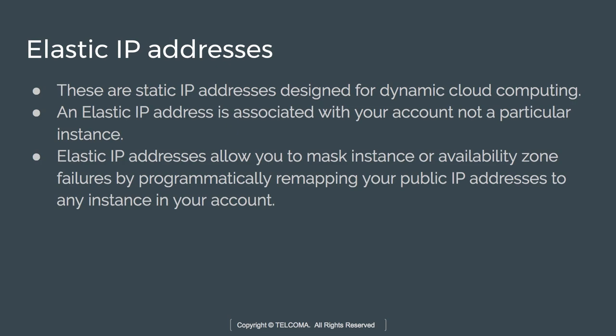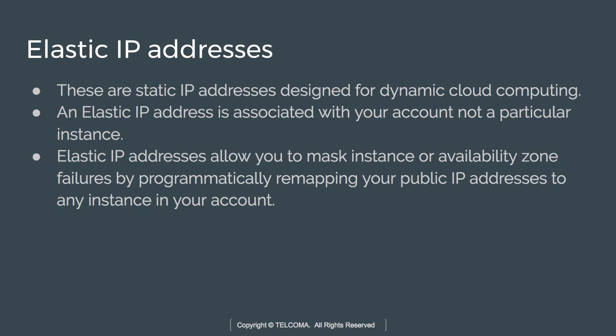Rather than waiting on a data center technician to come and configure or replace your host, or waiting for DNS to propagate to all your customers, Amazon EC2 enables you to engineer around problems with your instance or software by quickly remapping your elastic IP address to a replacement instance.